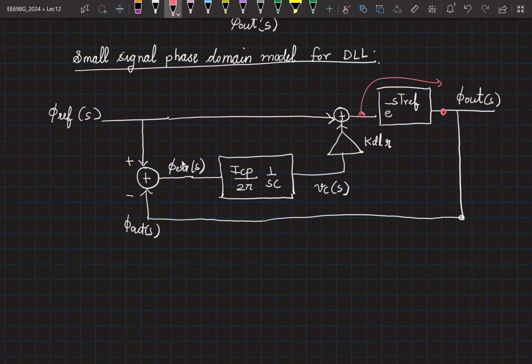It is going to settle in several T_REFs, not one T_REF. The settling time of the loop is much, much larger compared to T_REF. So there is a T_REF delay somewhere in the loop. Given that all signals are going to settle very slowly, I can ignore this delay. Which delay? This delay.